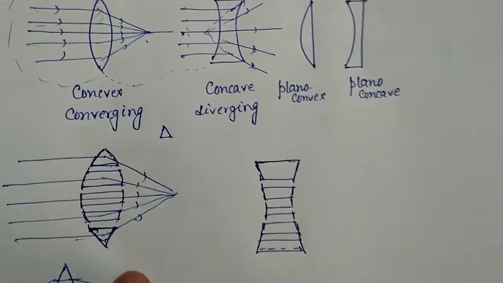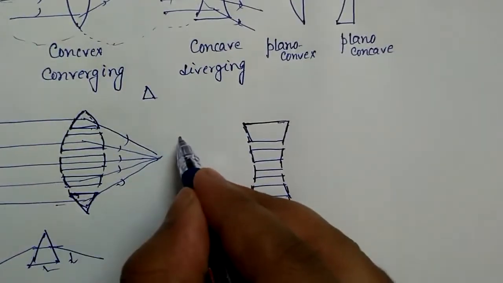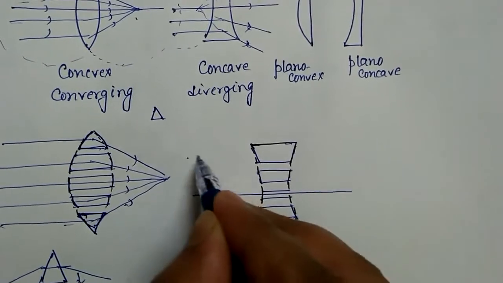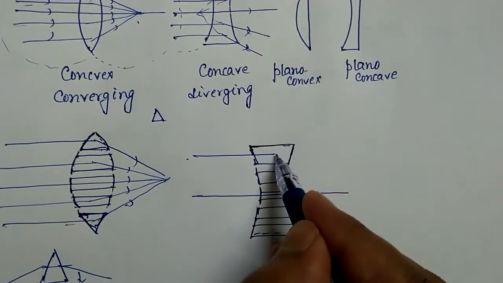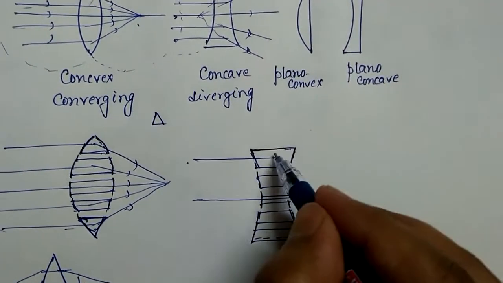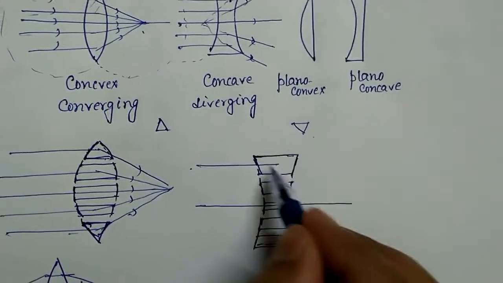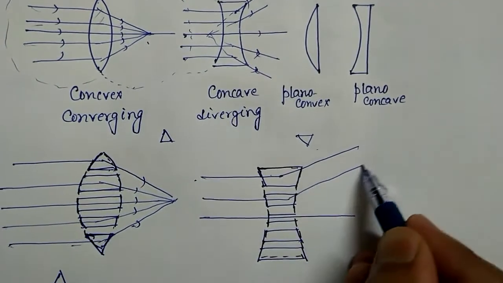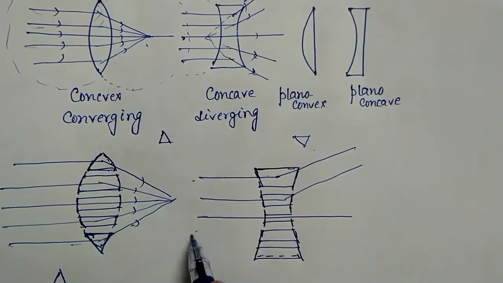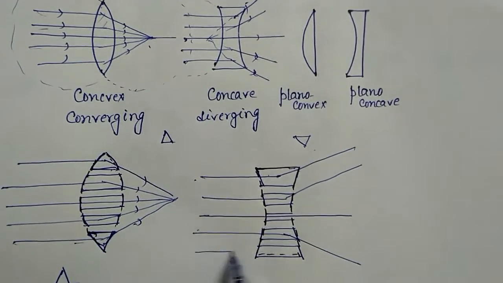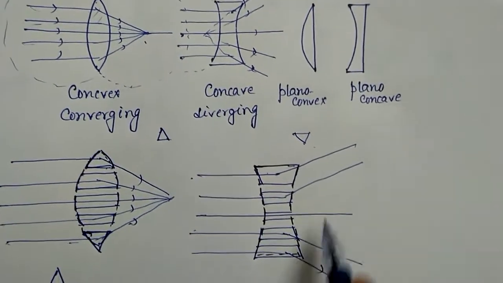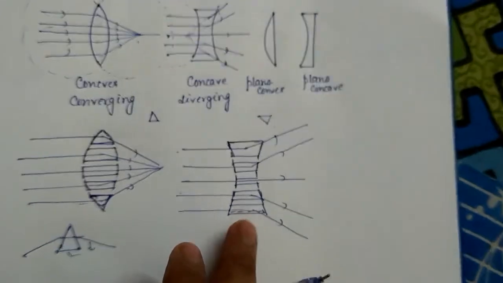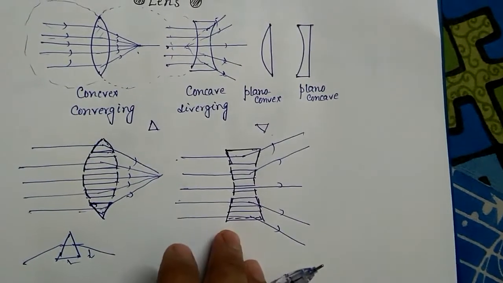Now I am drawing an axis here, let's say. This is a light ray, and it will bend towards the base. Here the inverted prism has its base here. It will bend towards the base. So that is why a concave lens shows the diverging action.